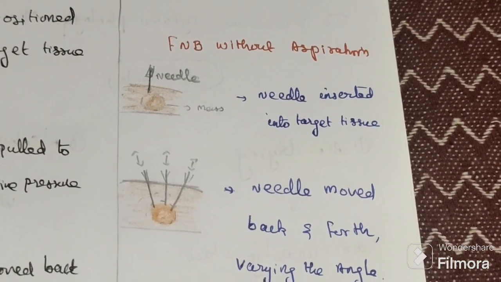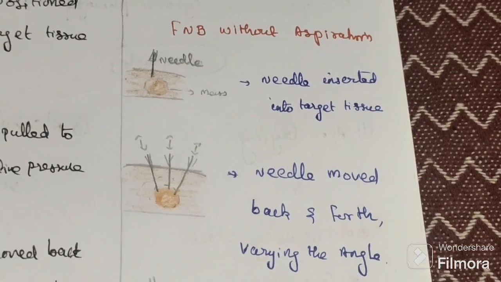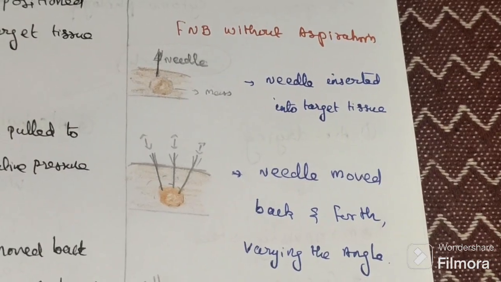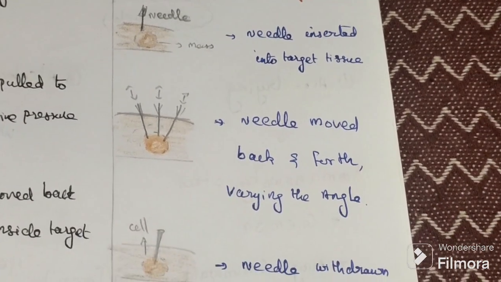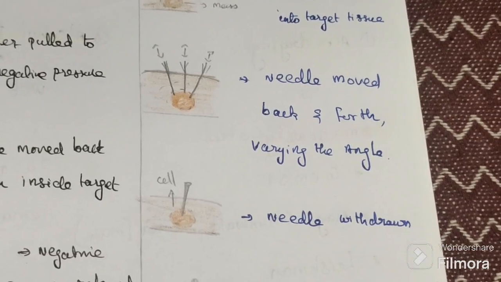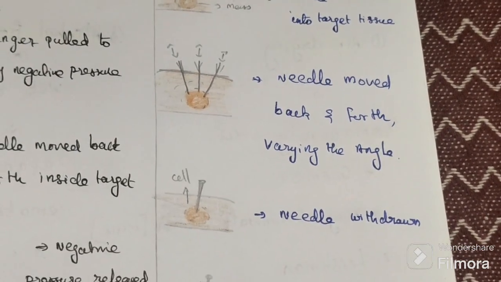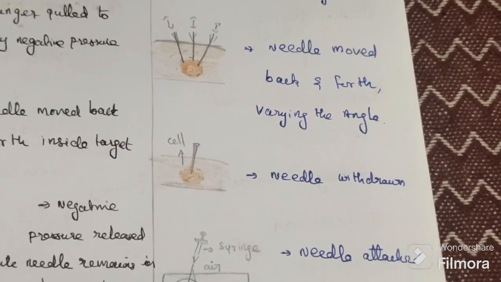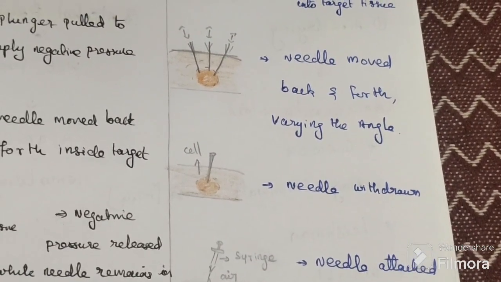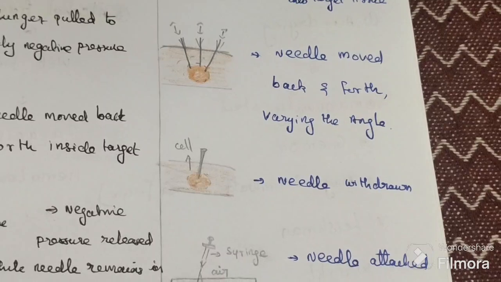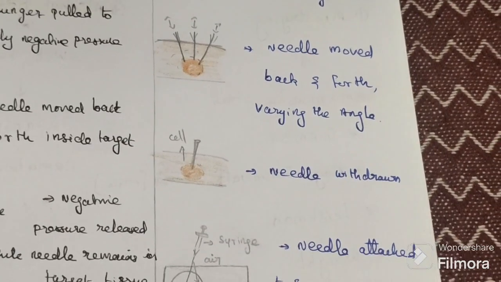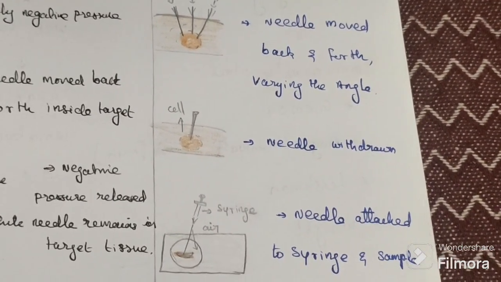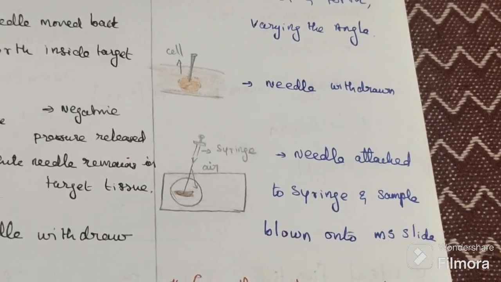So you have to make various angles. The needle is moved back and forth, varying its angle, because abnormal cells are present at any location. You will take all the abnormal cells for examination. After that, take cells from the mass and apply them to the slide with the help of a syringe. We are creating air, and this air pushes the cells onto the slide.